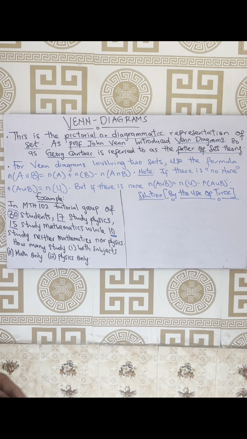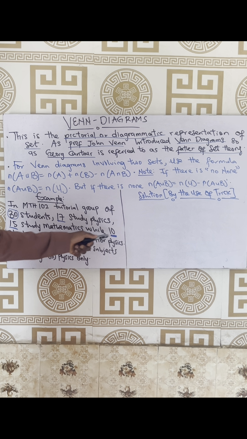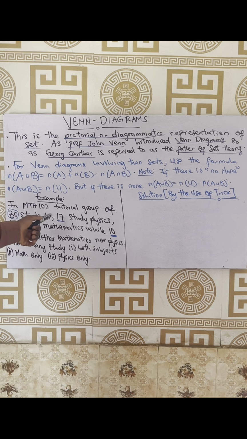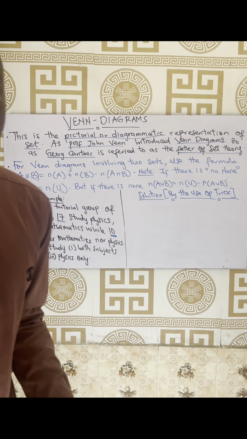What you are going to do now, guys, is that apart from the universal set, all the parameters given to you for physics, for mathematics, and those that do none, add them together. 17 plus 15, that is 32. 32 plus 10, that is 42.